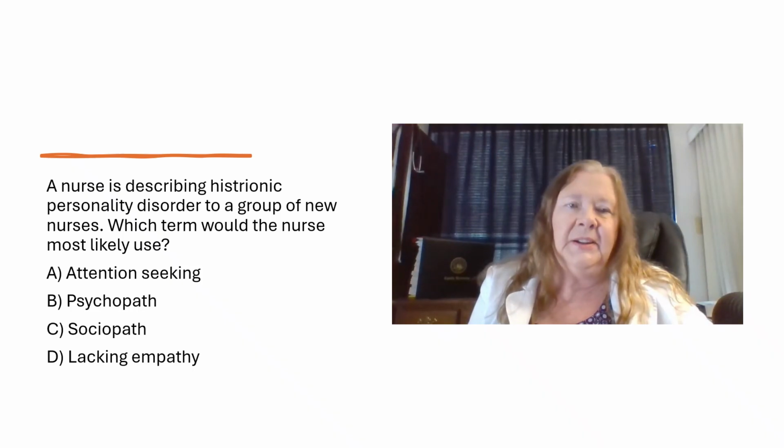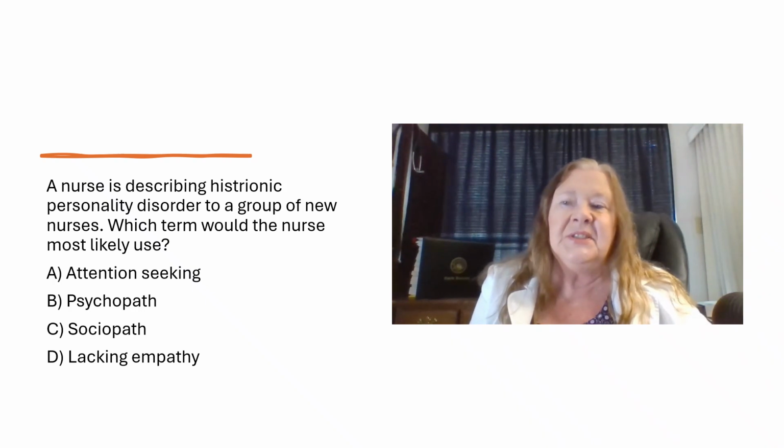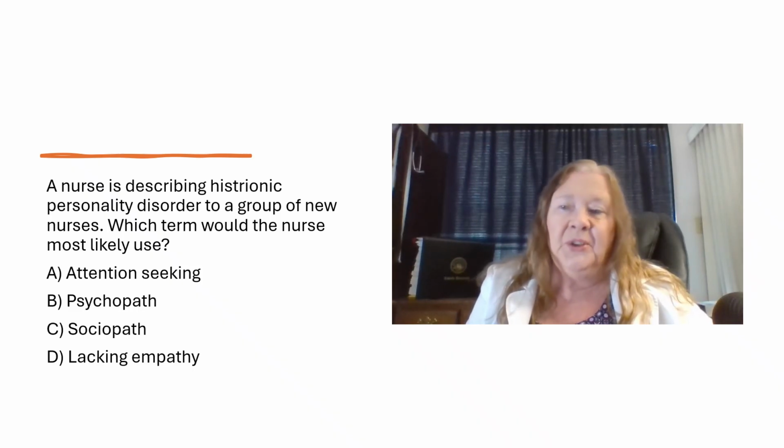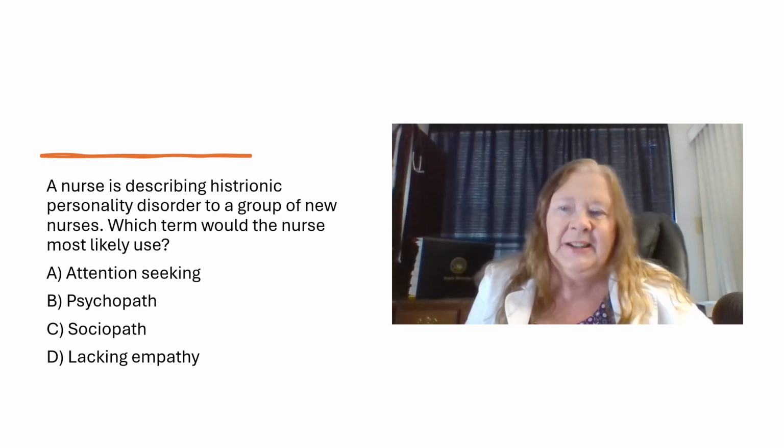Okay, let's come back. The correct answer on this one is letter A, attention seeking. People with histrionic personality disorder can be described as attention seeking, excitable, emotional. Psychopath and sociopath are terms that would describe someone with antisocial personality disorder.